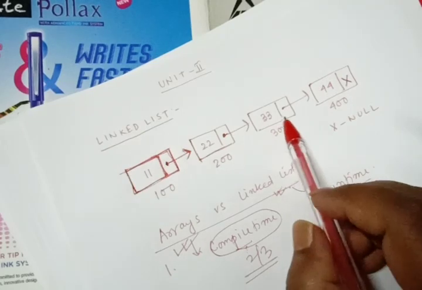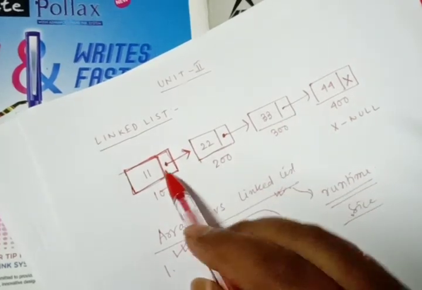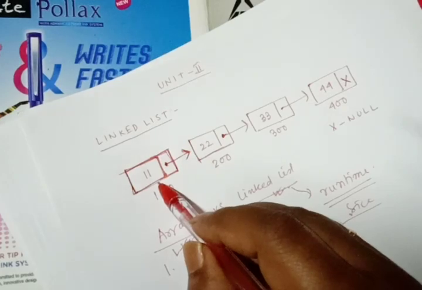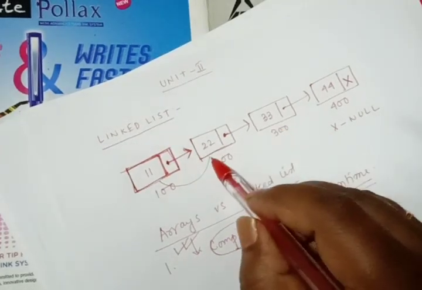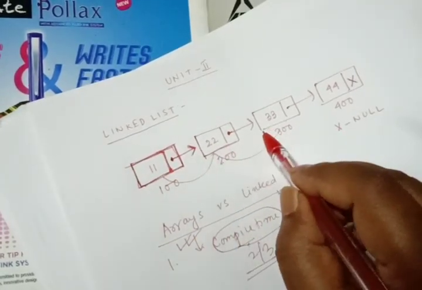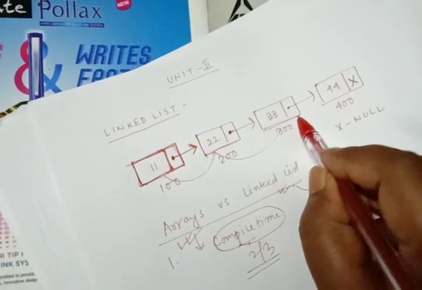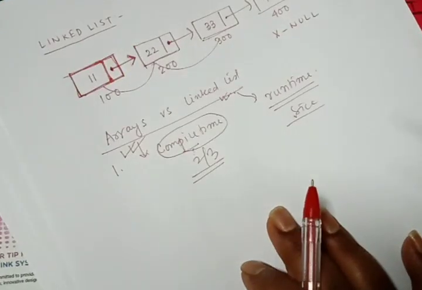Suppose if we want to access the third element in the list, we have to traverse each and every node before the third node. So we process the first node, then the second node, then the third node, and only then can we access the third node. So these are the differences between a linked list and arrays.